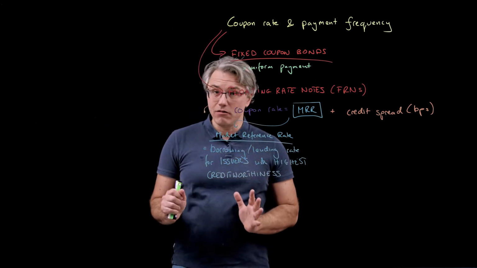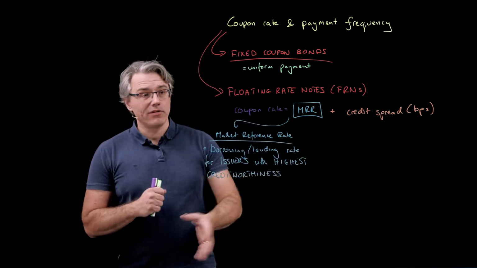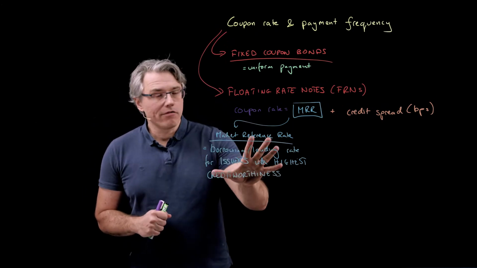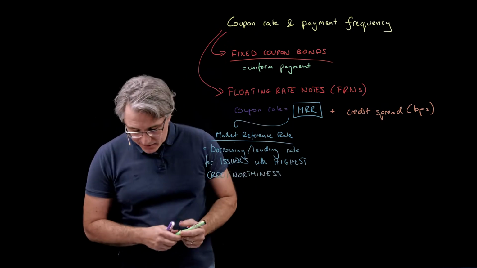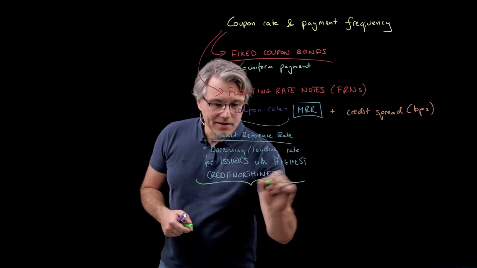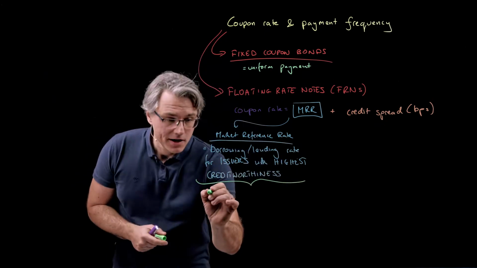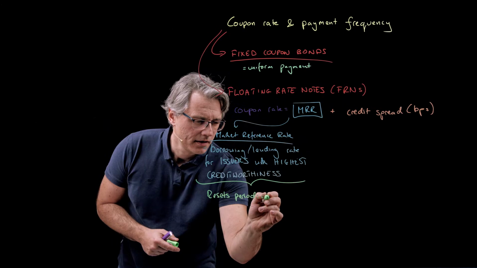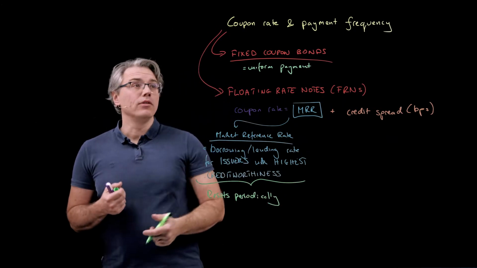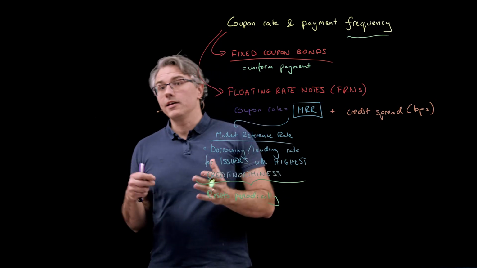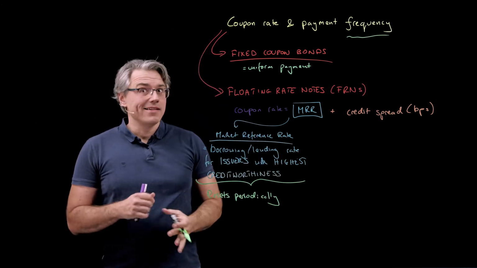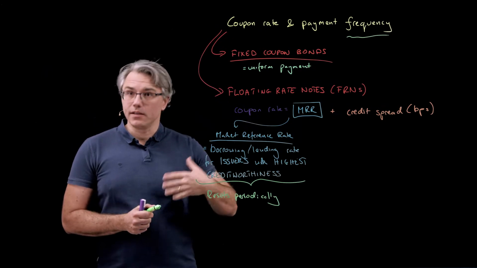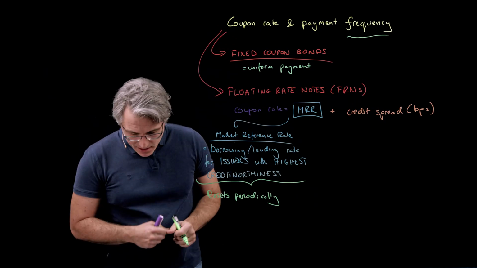So the important thing to appreciate is that the market reference rate has nothing to do with the issuer themselves. For example, if a company is issuing bonds with a floating coupon, a floating rate note, the market reference rate is going to be independent of that company, and it's going to basically reset periodically. Typically, if, for example, the coupon is paid with a frequency of, let's say, every 3 months, so every quarter, then the market reference rate would also be reset every quarter, every 3 months.